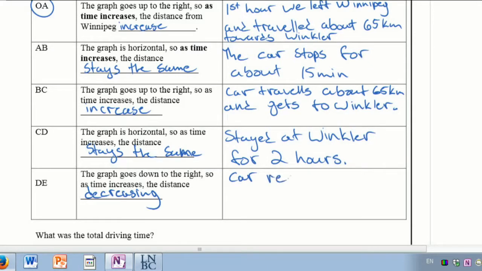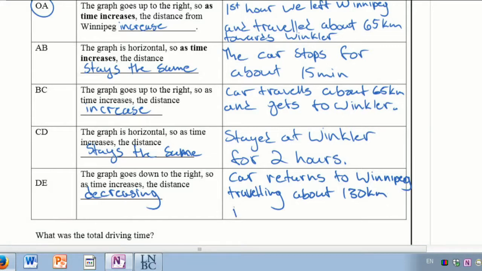Car returns to Winnipeg. And it looks like it travels about 130-ish kilometers, and it took them about 2 hours to do that.